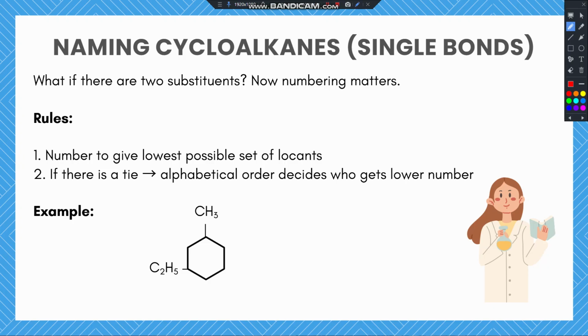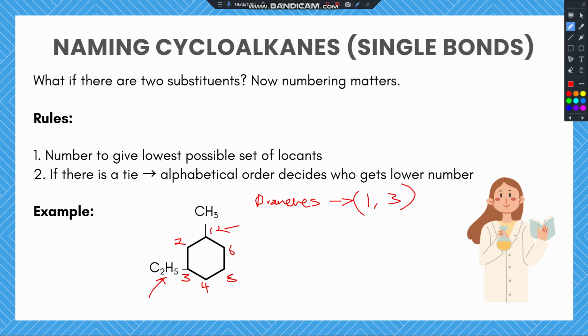If I say this should be carbon number one, this carbon number two, this carbon number three, and then four, five, and six, it means my branches are going to be on carbon number one and carbon number three.